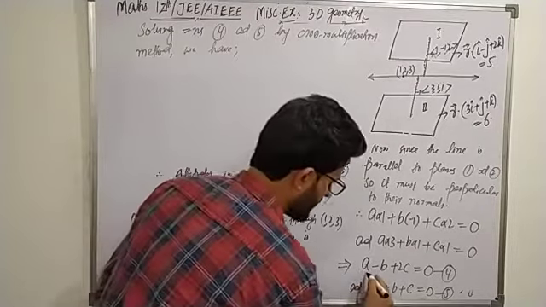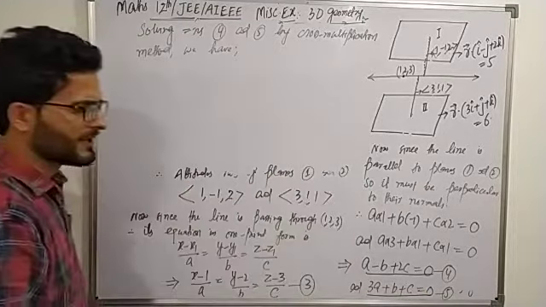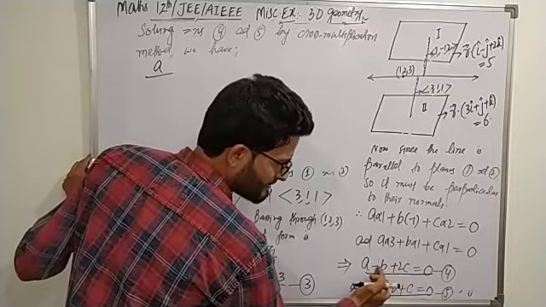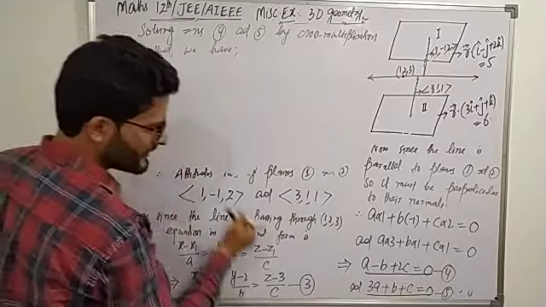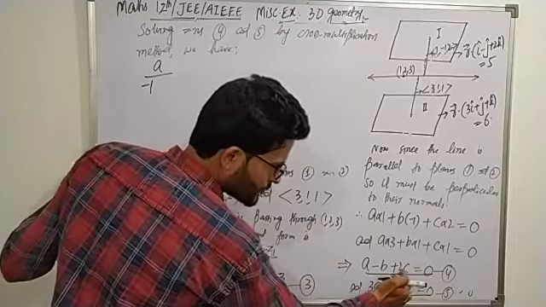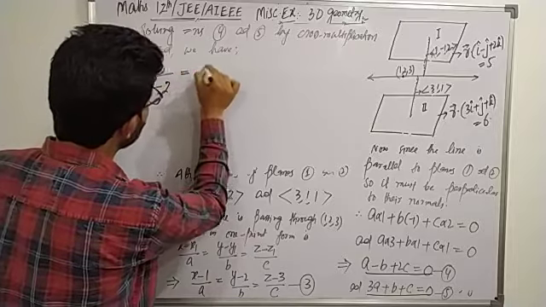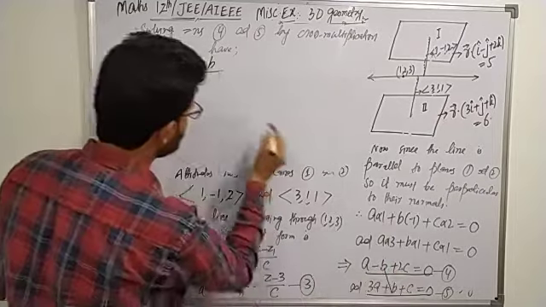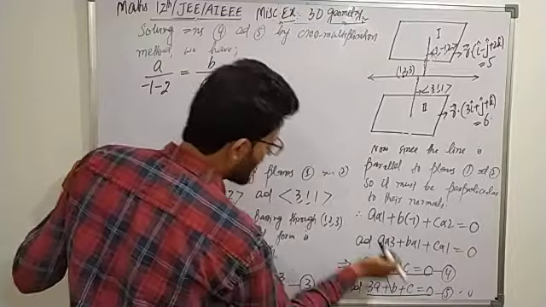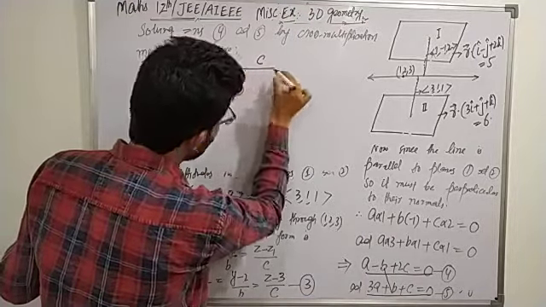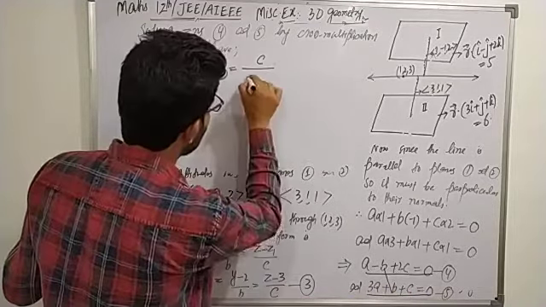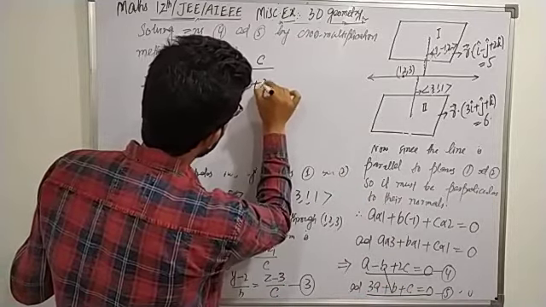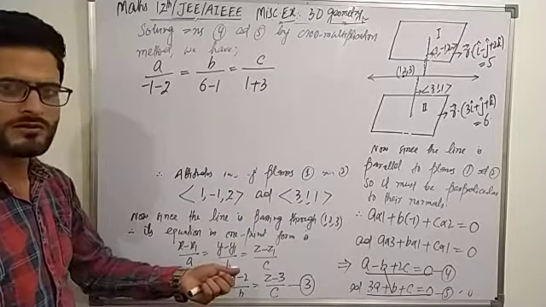a divided by, solving these two equations by the cross multiplication method, we get a divided by, leaving a, the multiple of the coefficients of b and c, that is -1 into 1, which is -1, minus 1 into 2, which is -2, is equal to b divided by, now leaving the coefficients of b, here 3 into 2, that is 6, minus 1 into 1, that is 1, and that must be equal to c divided by, leaving c, 1 into 1, that is 1, minus 3 into -1, that's -3, so it will become 1 plus 3, because by the cross multiplication method that you have done so many times.